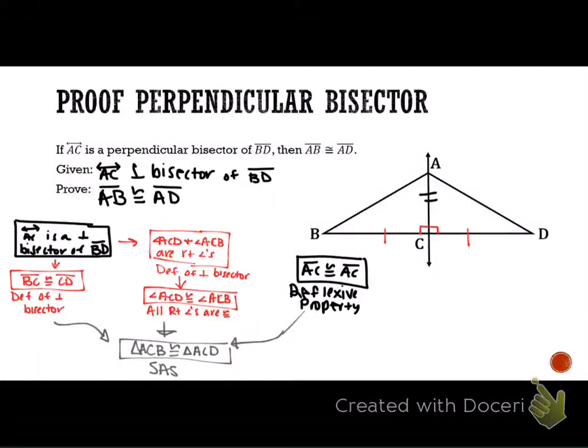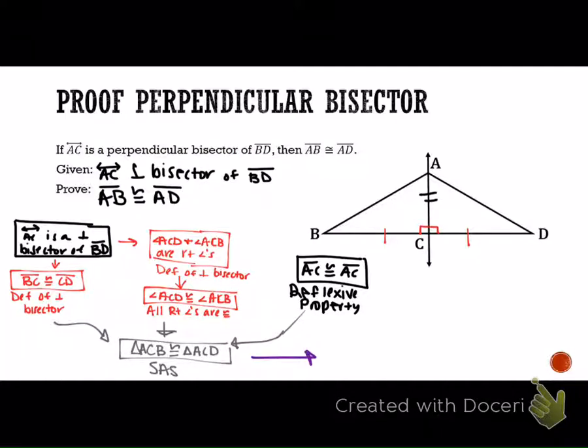Okay, but that's not what we're trying to prove. We are trying to prove AB is congruent to AD. Are AB and AD corresponding parts of two congruent triangles? So therefore they are congruent themselves. So AB congruent to AD by CPCTC. Sorry, that says CPCTC in the black down there.